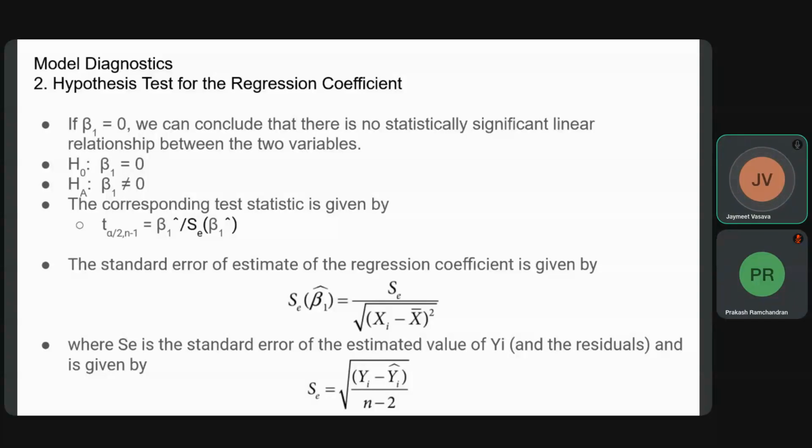where SE is the standard error of the estimated value of yi and the residuals, which is given by SE equals the square root of the sum of yi minus yi hat squared divided by n minus 2.